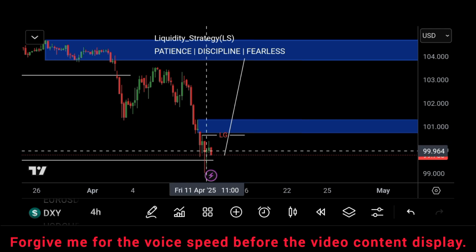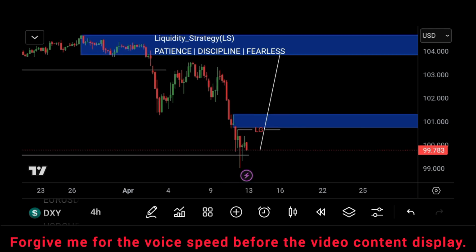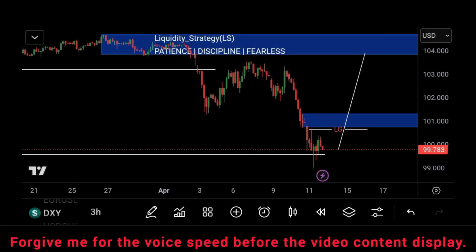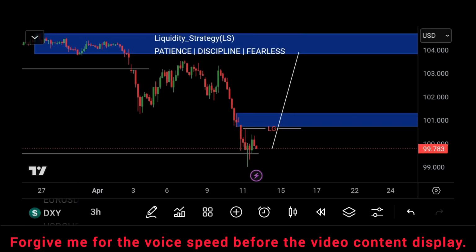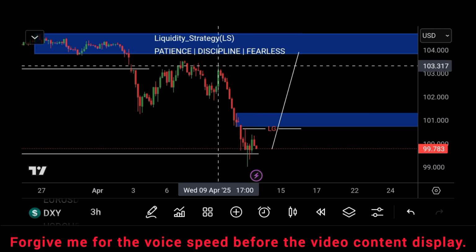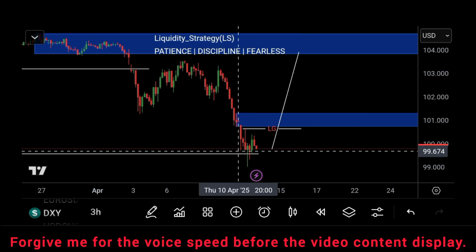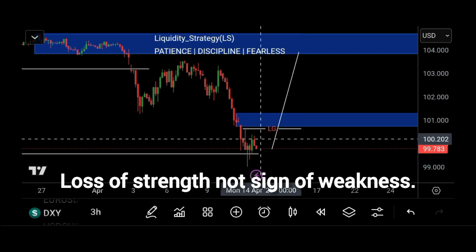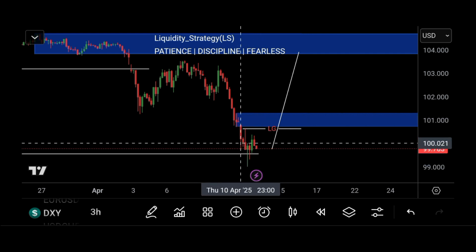Let's go to the 3 hours. On 3 hours, as you can see, we have this recent lower high here. We have this lower low here. We have this lower high here. We have this lower low here. Then we have a sign of weakness, so we're expecting market to give us a strength recovery.